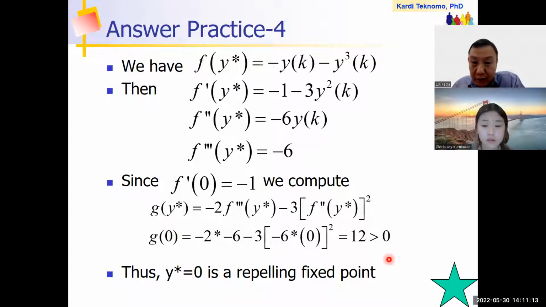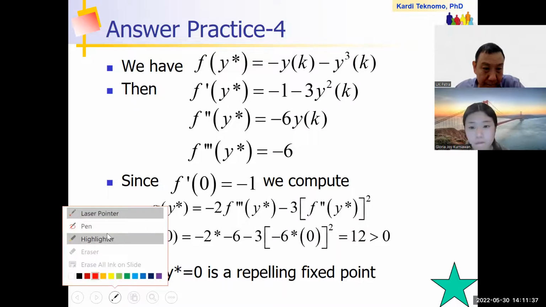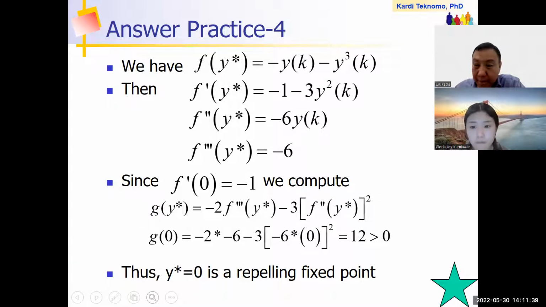Because you know the Schwarzian is 12, this is the value. So what do you think?